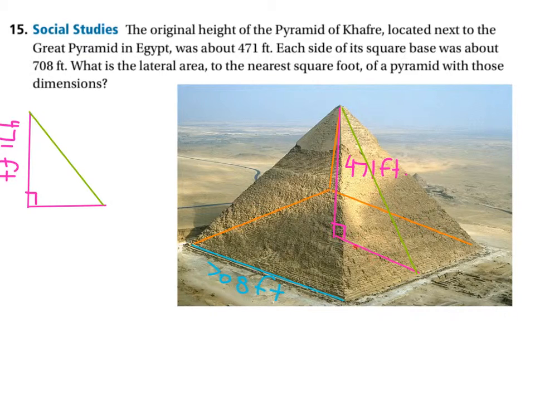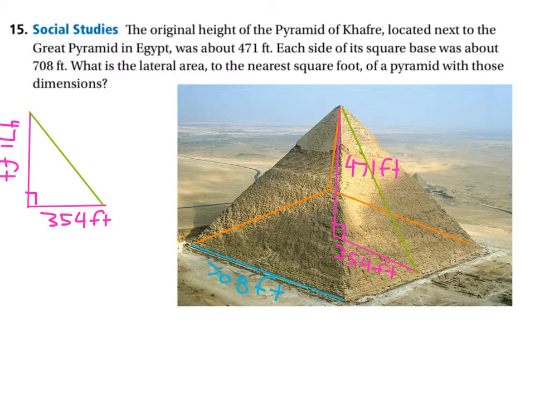This whole side is 708, and this is going to be exactly half of 708. The whole side is, and that drops straight down into the center. So this is going to be half of 708. Half of 700 is 350, and half of 8 is 4. So that's going to be 354. It is for anybody's purposes, okay? 354 feet from that center out to the edge.